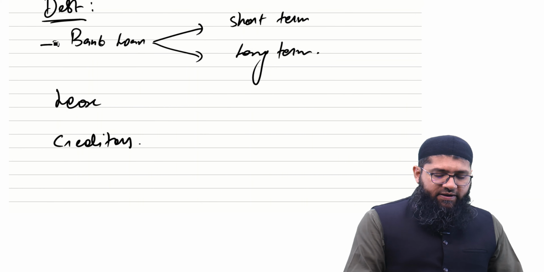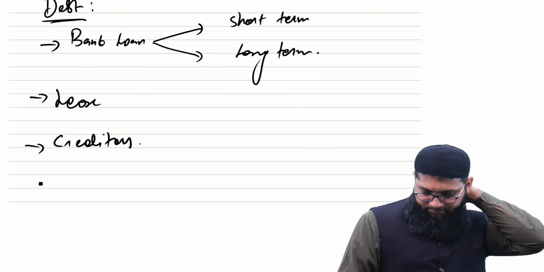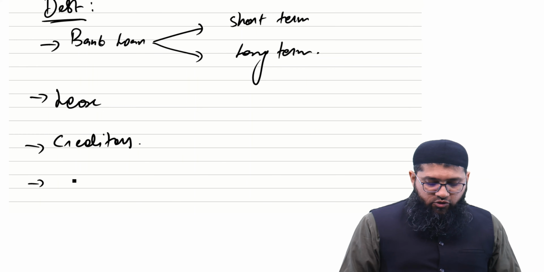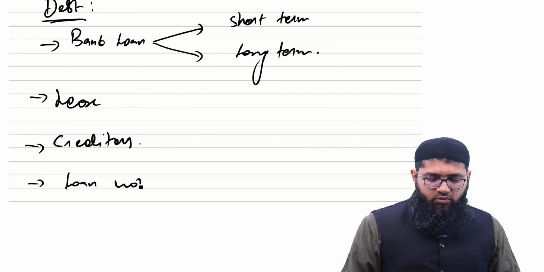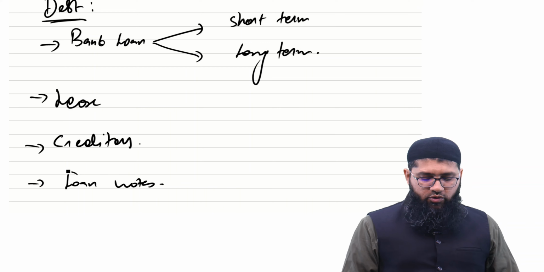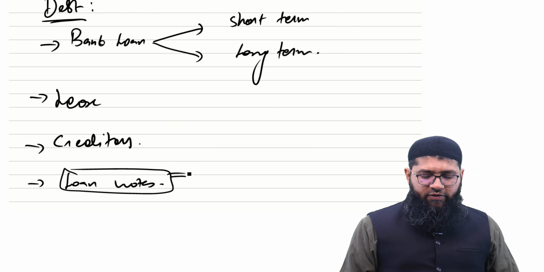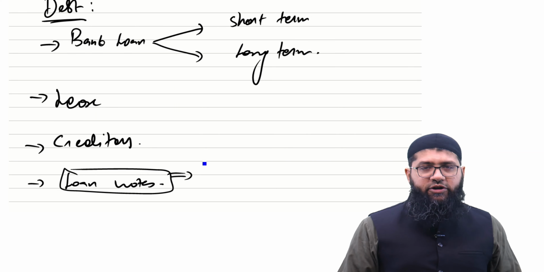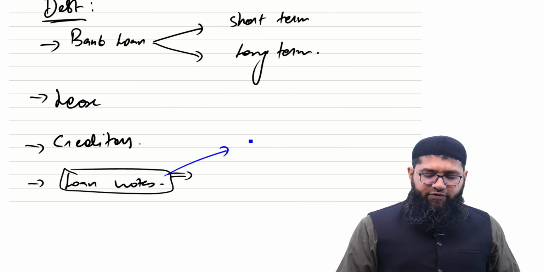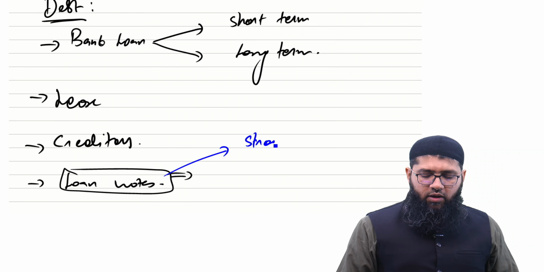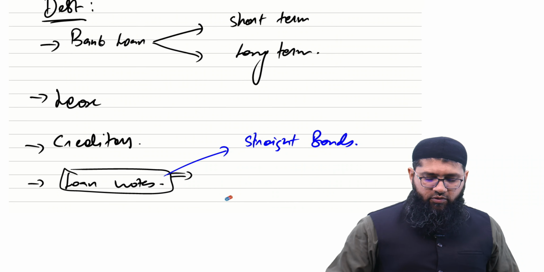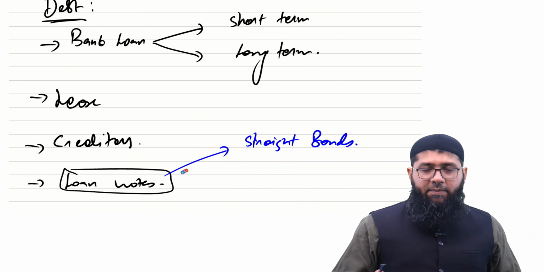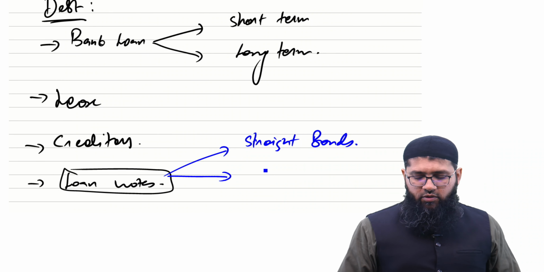Then you've got loan notes. You issue the loan notes, and there could be different types of loan notes. The loan notes are also termed as bonds. Amongst the different types of loan notes, one of them is called straight bonds.